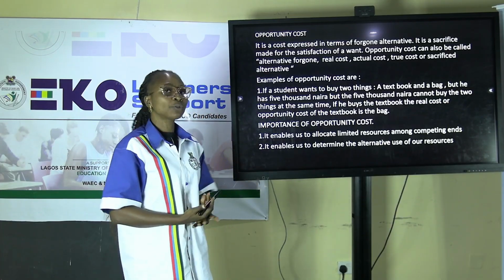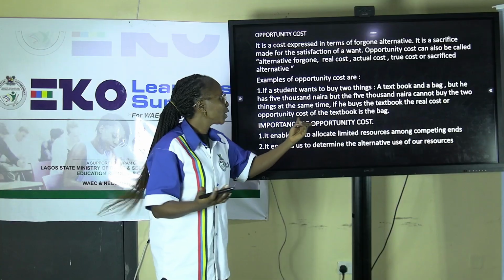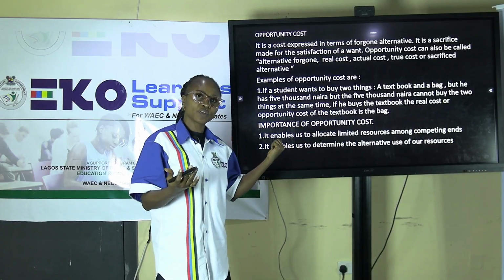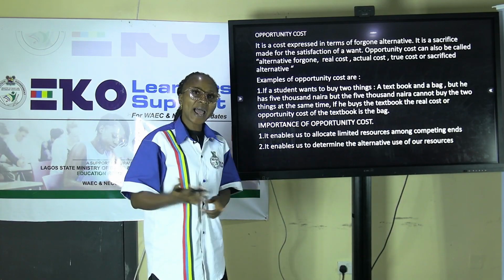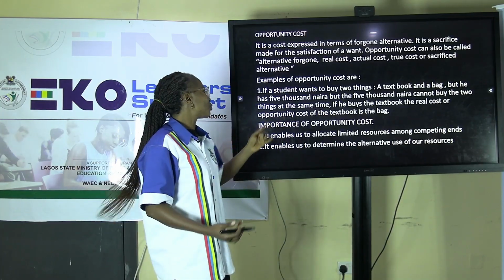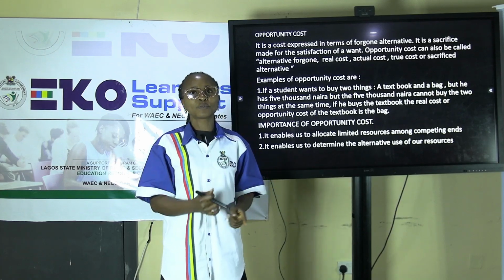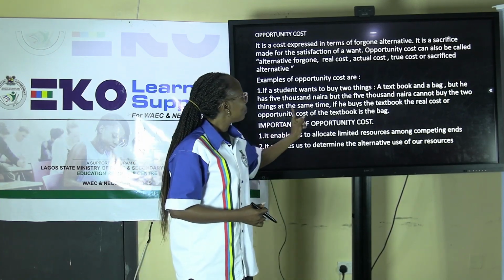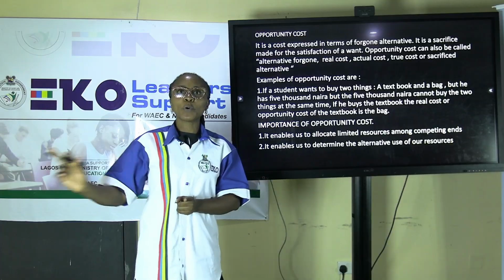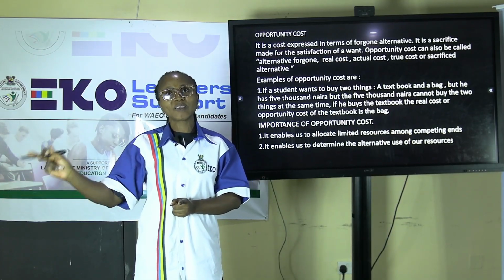Such a student needs to make use of the knowledge of opportunity cost by choosing one and leaving the other one. If such a student decides to buy a textbook, the bag the student left on board is what we call opportunity cost.